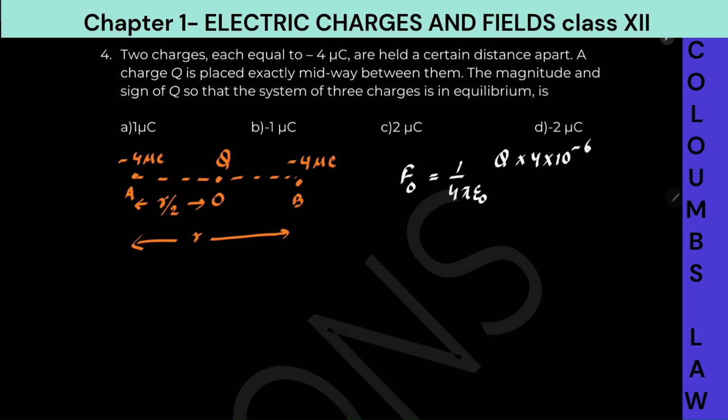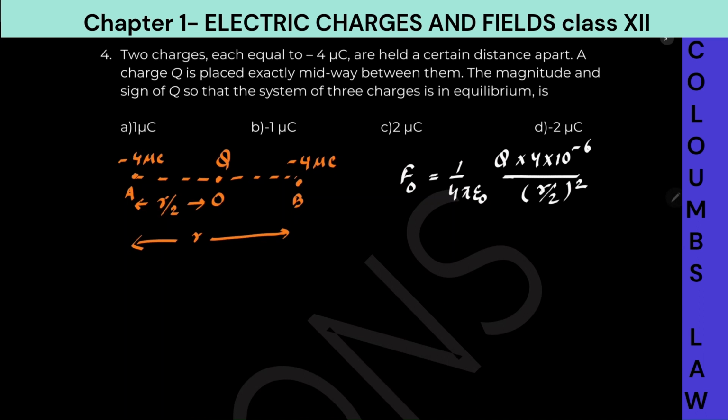The negative sign is not considered here, but the resultant is 0, so you will subtract them at the end. This is divided by the separation R by 2 whole square, and it is the same whether you consider A or B.